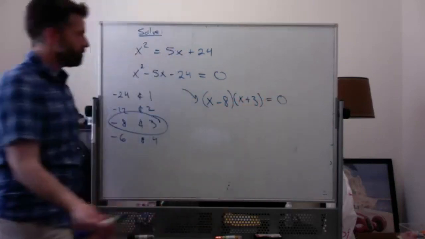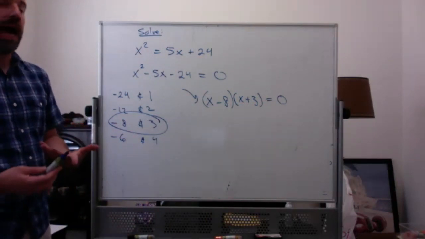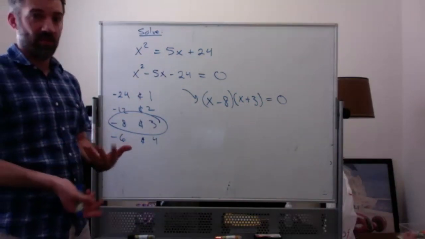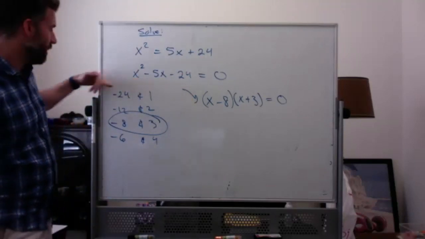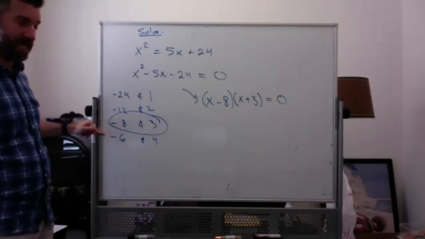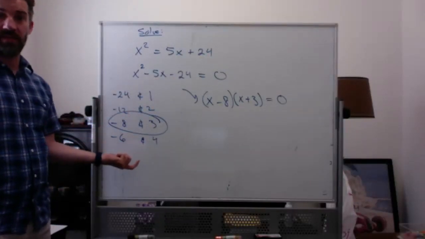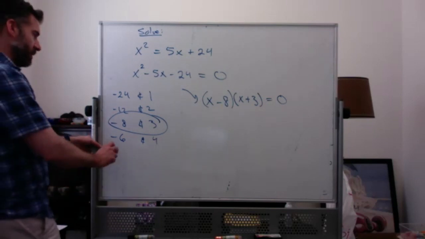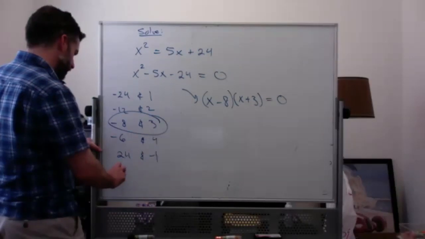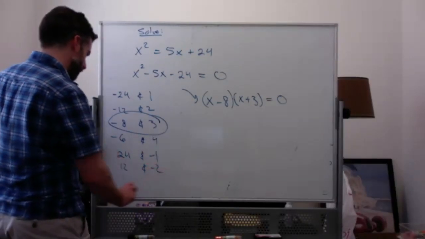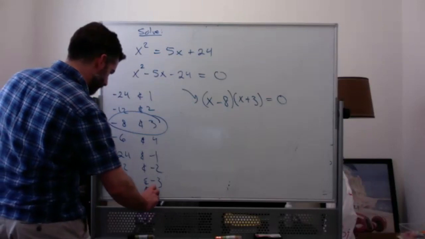Equals 0. So really, when I'm trying to factor something like this, I'm kind of limiting myself to all the ways I can multiply to this, and then I check how those add up to see how I get to add up to this. I really left off 4 things that I knew weren't going to work, because we could have also tried 24 and negative 1, 12 and negative 2, 8 and negative 3, 6 and negative 4.